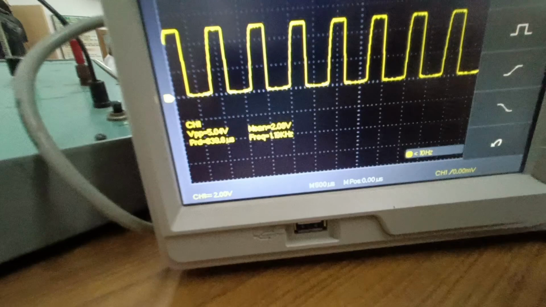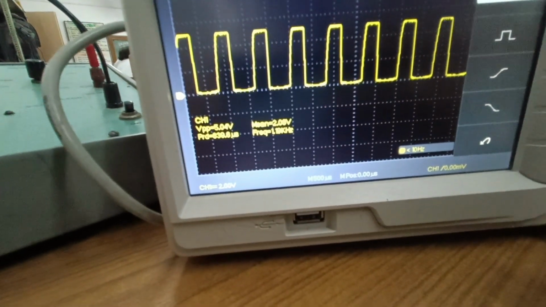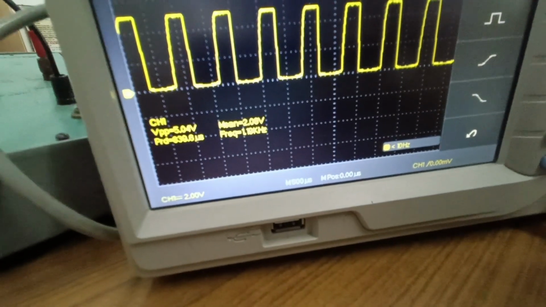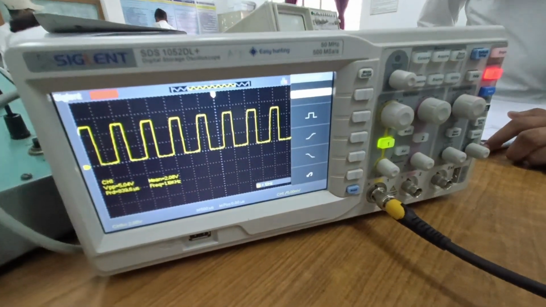The peak to peak voltage is 5.04 volt, and the mean or the amplitude is 2.08 volt.